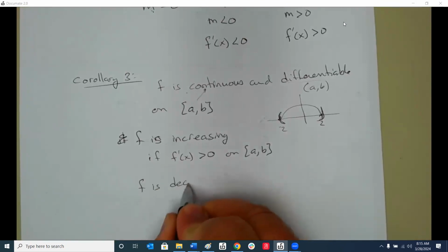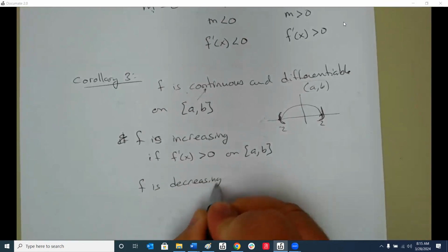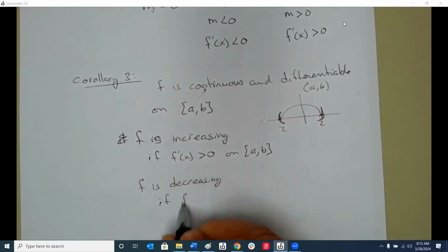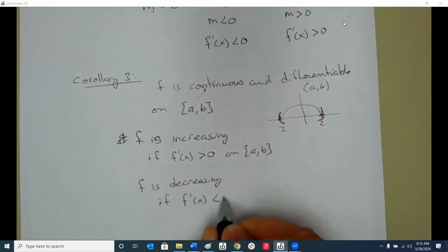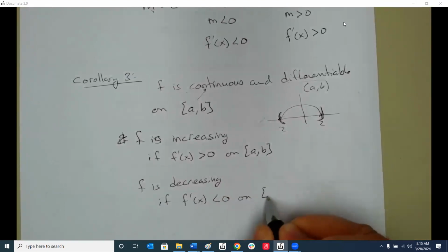F is decreasing if the derivative is less than 0 on the closed interval.